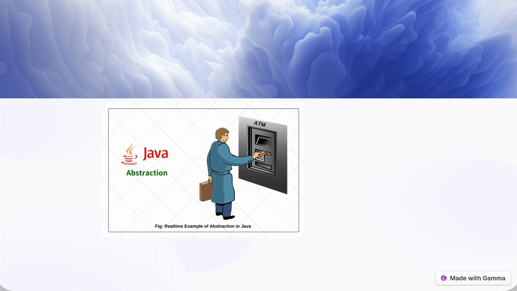After that it will ask for the pin, you will provide the pin. After that, one validation will happen. Then you will provide the option whether you want to withdraw or not. If you withdraw, then you will provide the amount. Then it will process the withdrawal.